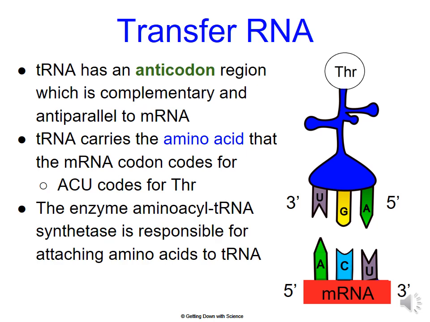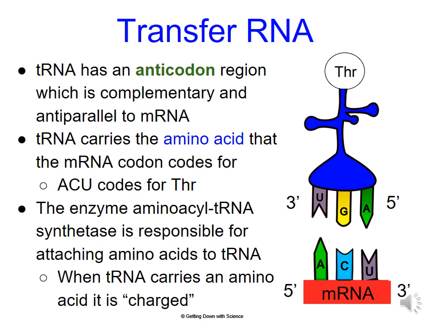And then the enzyme aminoacyl tRNA synthetase, we know it's an enzyme because of the -ase, is responsible for attaching the amino acids to the tRNA. So there's an enzyme that's attaching the threonine onto this tRNA. And so when it has that amino acid, we call it charged.